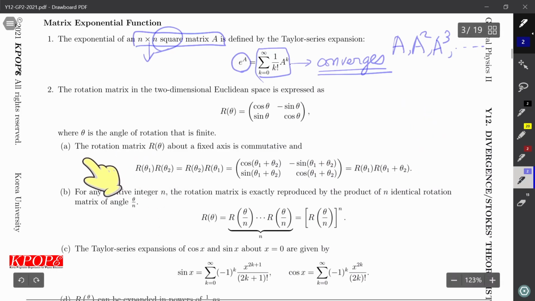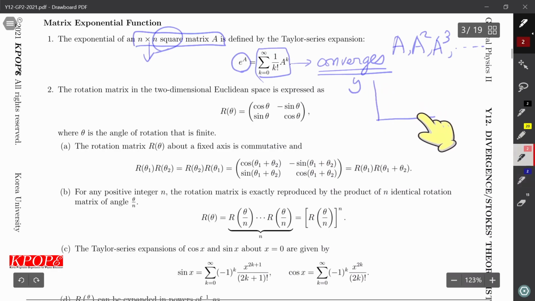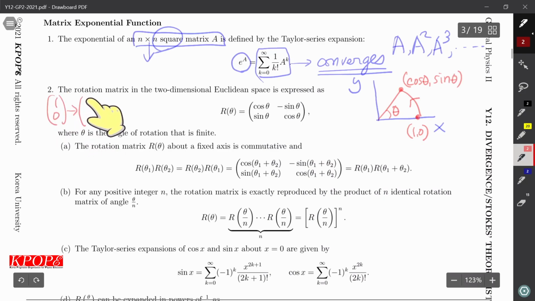We have studied the rotation matrix in 2 dimensions. The unit vector is (1, 0). After rotation, this coordinate is cosine and sine. So (1, 0) transforms into (cosine theta, sine theta).